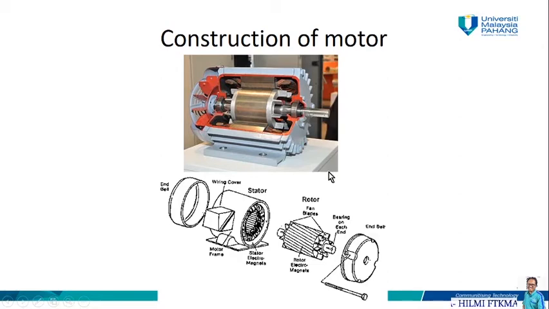In this figure, we can see the construction of a motor, where we have the permanent magnet at the side, or the case of the motor, and in the middle we have the electromagnet, which consists of coils of the armature, and these coils are connected to a shaft that is going to transmit the rotation.